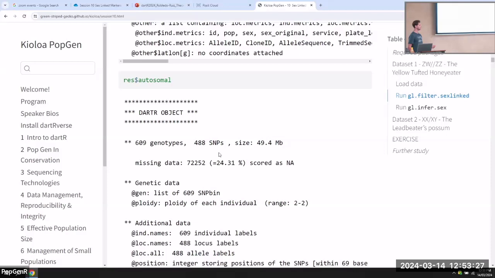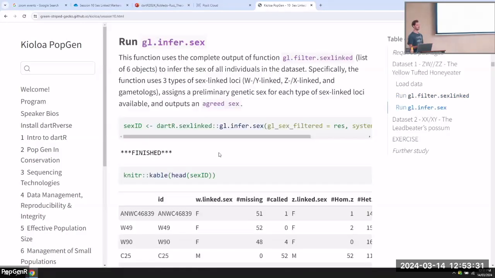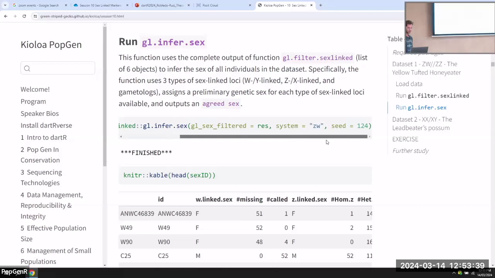Then the next step we're going to do, if you're interested to identify the sexes in your data, is you're going to run this function called GL-infer-sex, which takes the output of your filter sex-linked function.